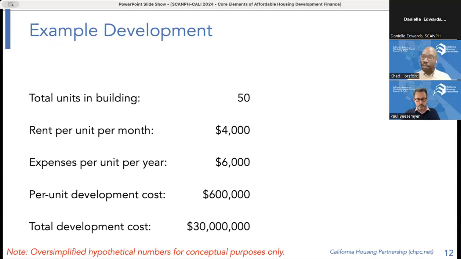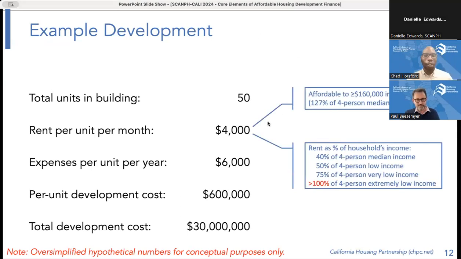Again, this is very oversimplified, nice round numbers, which I love. So at $4,000 per month in rent, that works out to being affordable to households roughly around the $160,000 income mark, or 127% of the median income for a 4-person household.